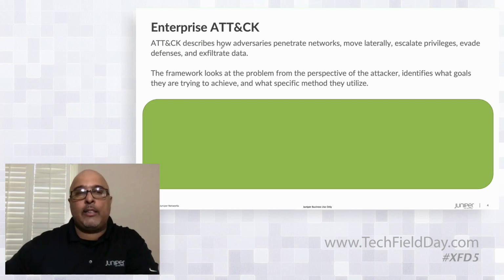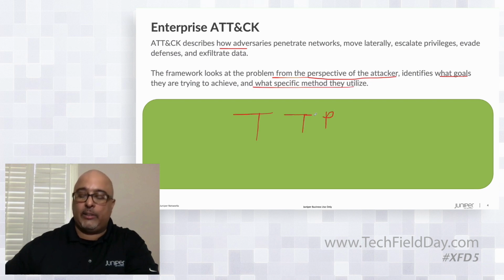It says, ATT&CK describes how adversaries penetrate networks, move laterally, escalate privileges, evade defenses, and exfiltrate data. The framework looks at the problem from the perspective of the attacker, identifies the goals they're trying to achieve and what methods they use. Those goals and methods become something we call TTP, or tactics, techniques, and procedures.